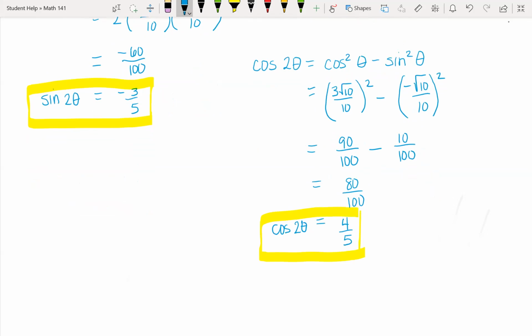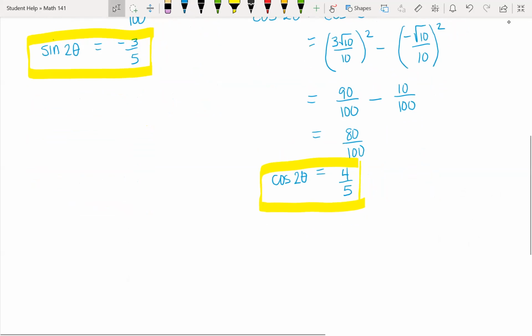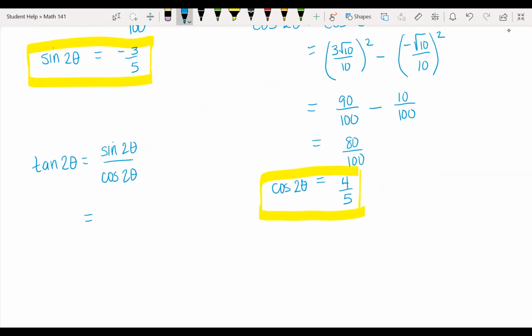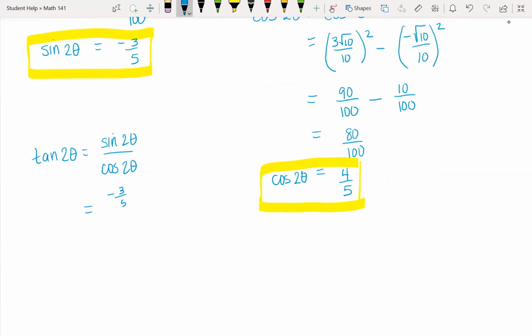And to find tangent, we'll use the sine and the cosine values. The tangent of 2 theta will be sine of 2 theta over cosine of 2 theta, or negative 3/5 divided by 4/5. And that will be negative 3/4. And then for the final part, we want to know what quadrant this is in.